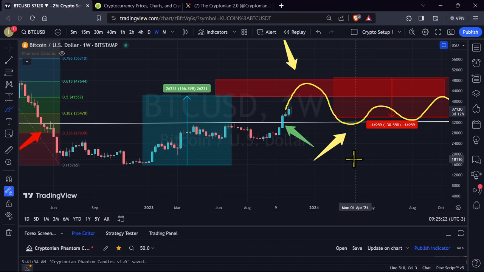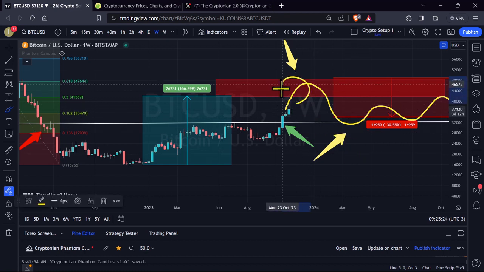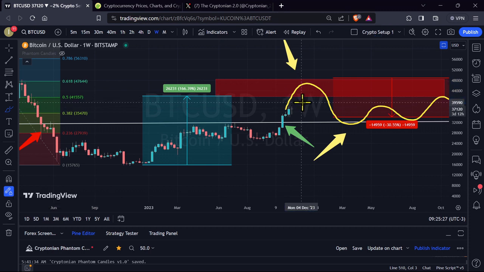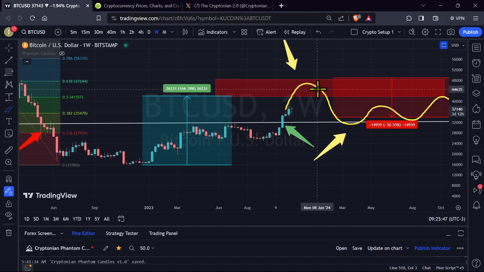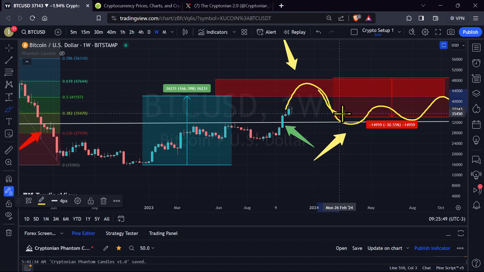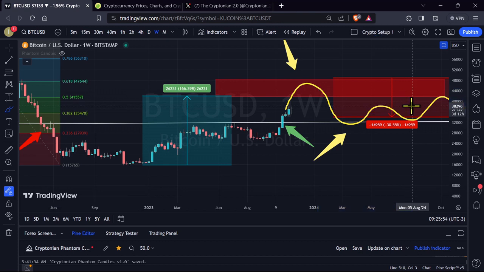So here's my point. My point is that after we hit this $41,000 to $47,000 area, and then we have a correction, that correction is probably going to be, or may be, the only opportunity that you have to buy Bitcoin or even buy altcoins as they have a drop in price before the next bull run gets started, and then the prices are just up, up, and up after that.